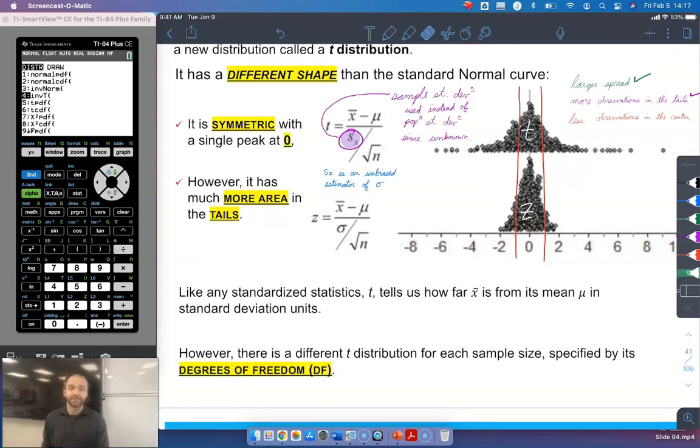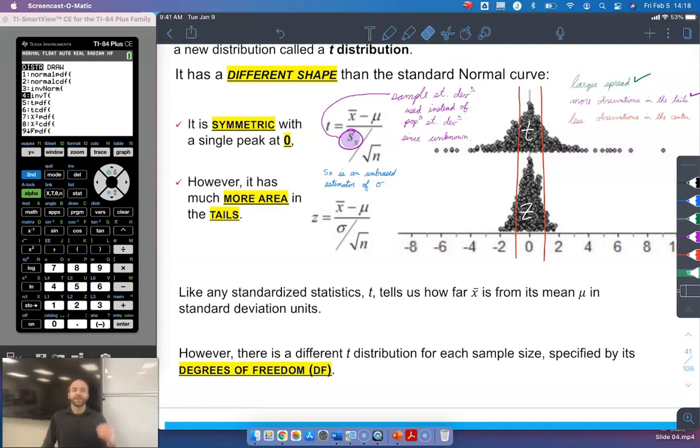One thing that is new, and this is really important, is that there are different T distributions. There's one normal distribution. There are different T distributions, and those T distributions are based off of your sample size. So again, sample size is crucial for T distributions.